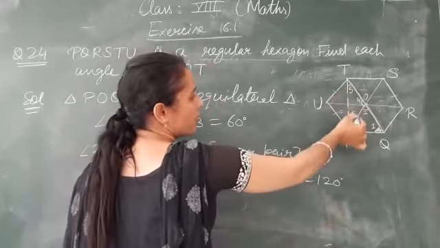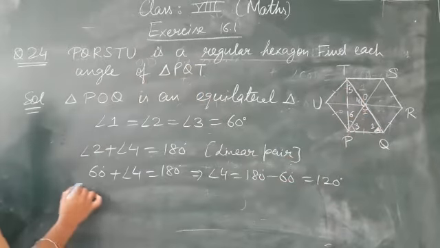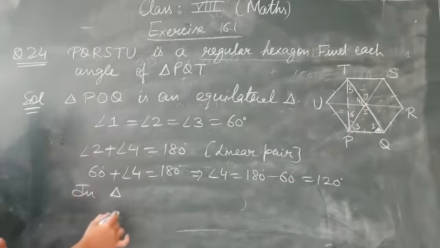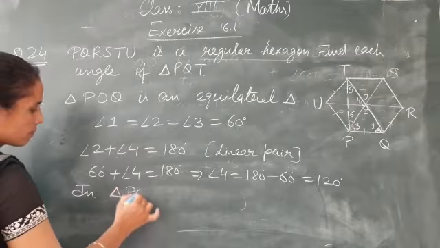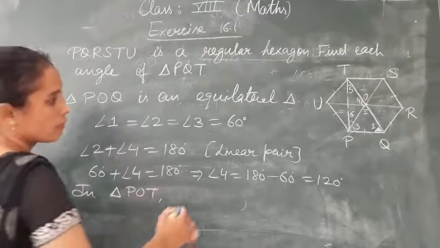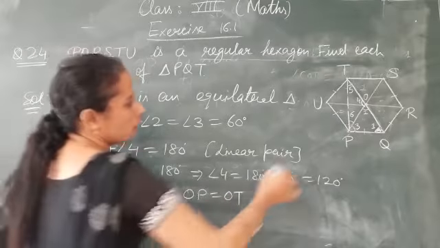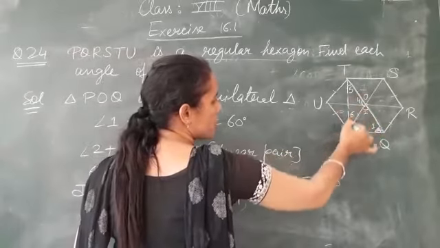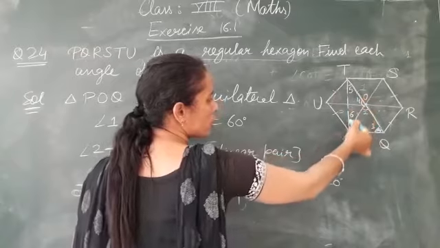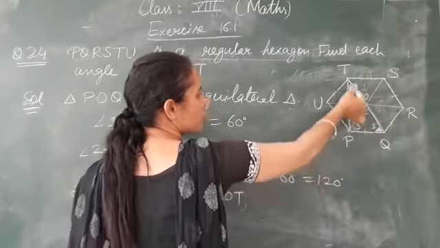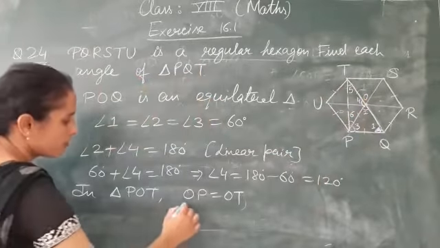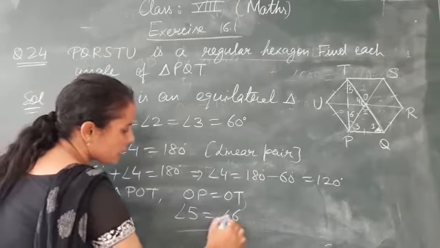Now we are left with 5 and 6. Now in triangle POT, OP is equal to OT. If these two sides in this triangle are equal, then opposite to this we have angle 6 and opposite to this we have angle 5. So angle 5 will be equal to angle 6.